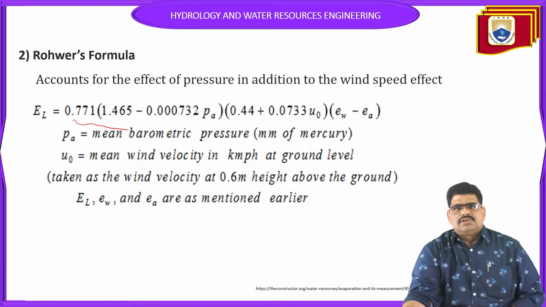Here PA is equal to mean barometric pressure in mm of mercury, and U0 is equal to mean wind velocity in kilometers per hour at ground level, generally taken at a height of 0.6. EL, EW and EA are as mentioned earlier in Dalton's equation.